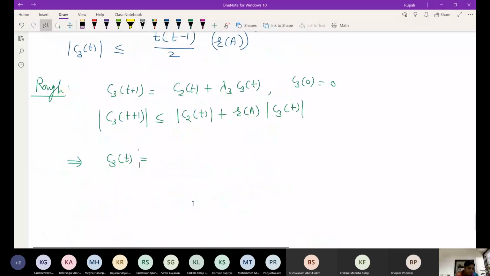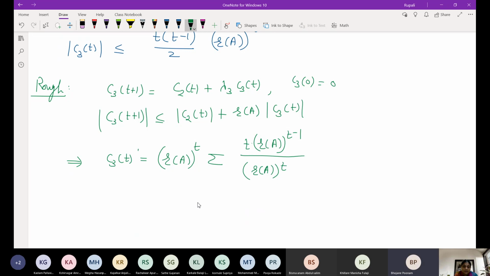If I use that, what will I get? The homogeneous solution will be r of a raised to t, and summation. Now my RHS changes. RHS is c2t, which is nothing but t r of a raised to t minus 1, divided by r of a raised to t, you add t plus 1, and plus some constant c.